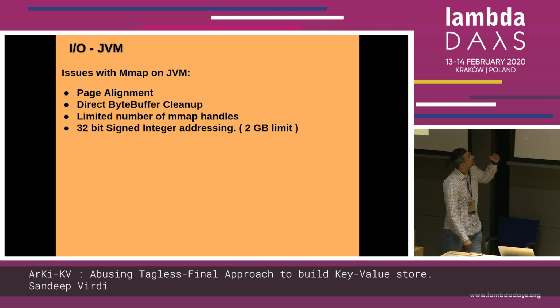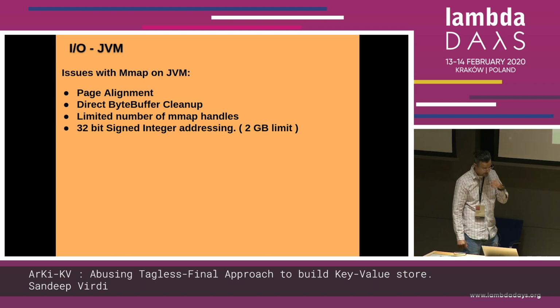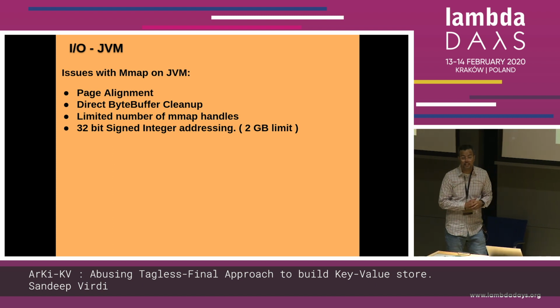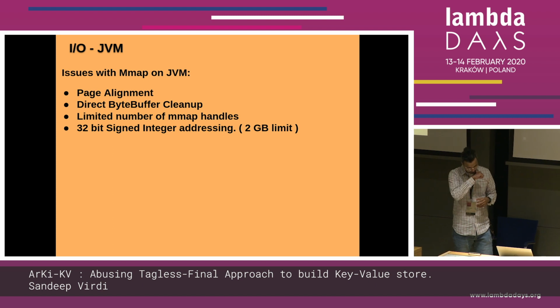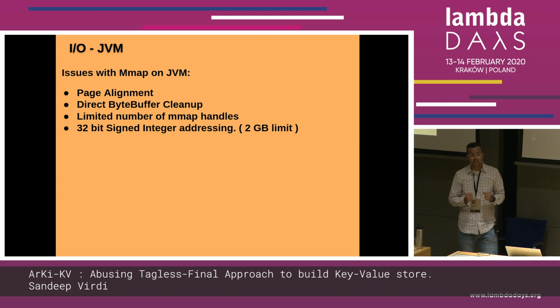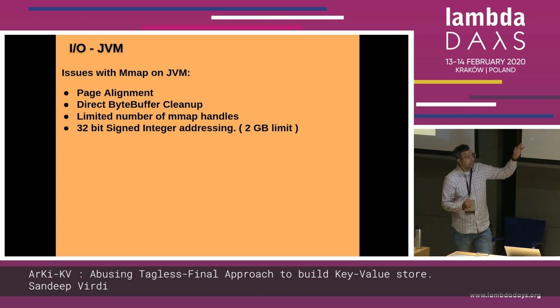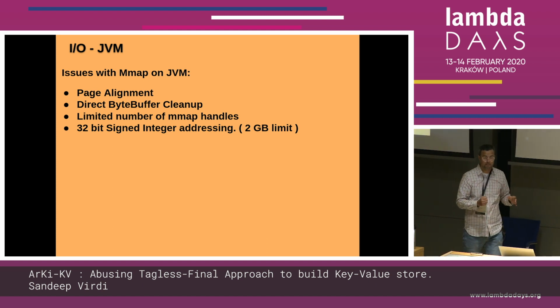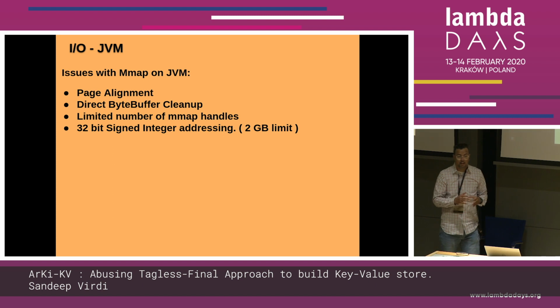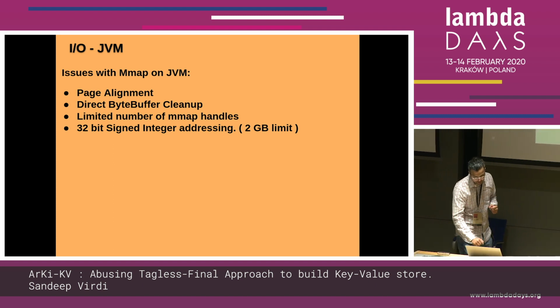So some of the issues that I faced with memory map on JVM. First is page alignment. Up until JDK 6, everything was page aligned. So if you allocate a direct buffer, you will actually get a page aligned 4K direct byte buffer. But post JDK 6, from JDK 7, all the byte buffers are 8 byte aligned, sorry.